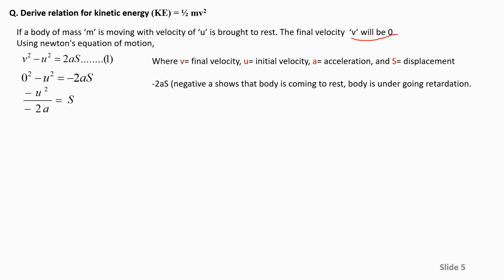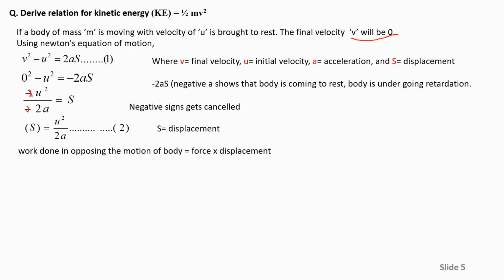And here we are focusing on calculating the value of s, so when you separate s, the 2a goes to the other side and the negative signs get cancelled, and we are left with s is equal to u square over 2a.